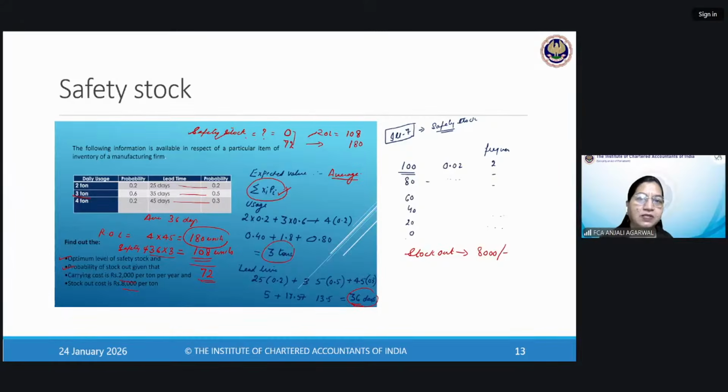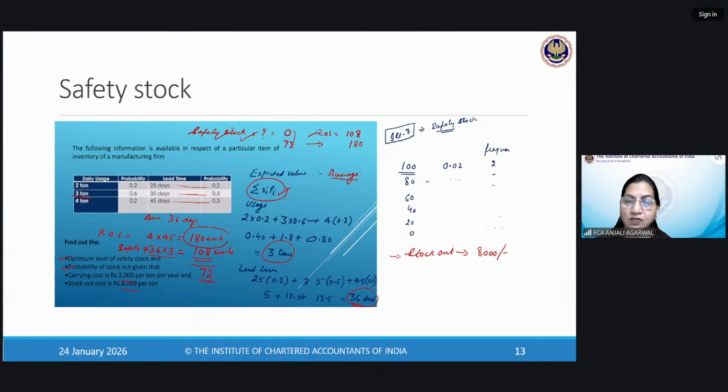But what should be the safety stock? That is the question. Sushmita, is it clear now? So what the safety stock should be depends upon what the stock out cost is.